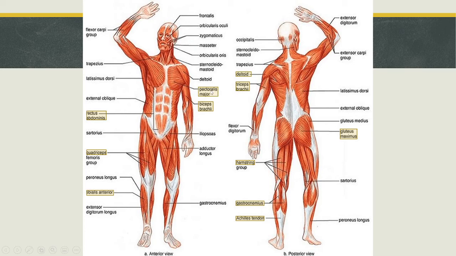Then your pectoralis major, your pecs. There's your deltoid, that's your shoulder muscle. It's what raises your upper arm. There's your hamstring. That one doesn't really have a common term, it's just your hamstring. There's your gastrocnemius, those are your calf muscles.